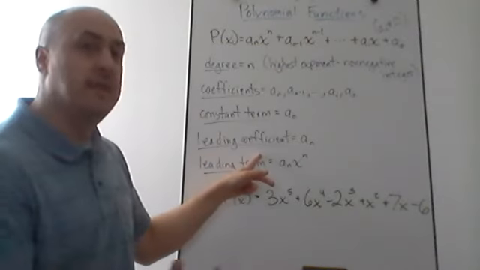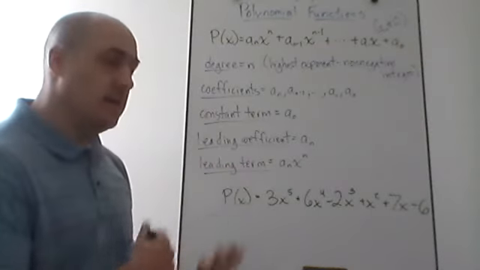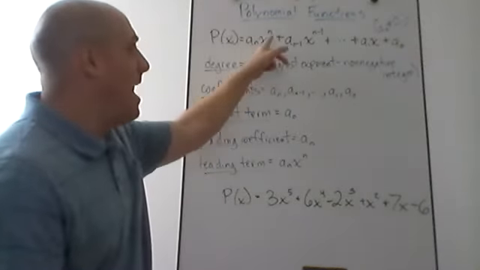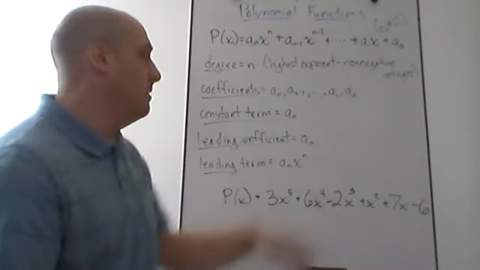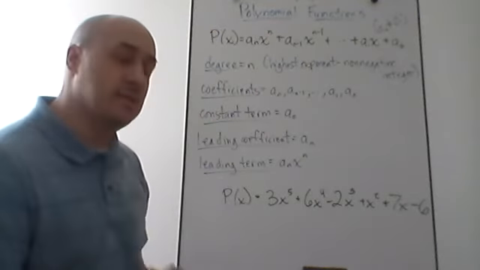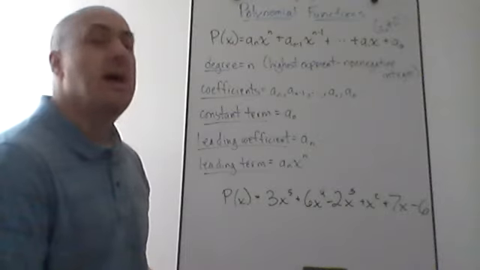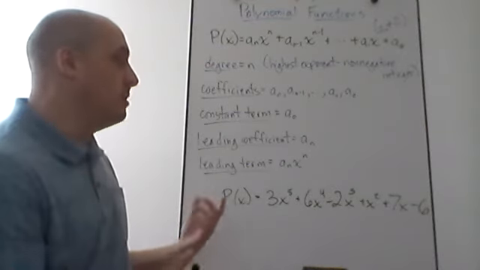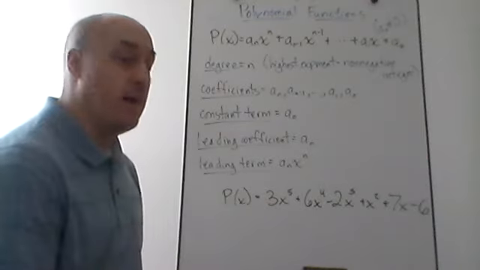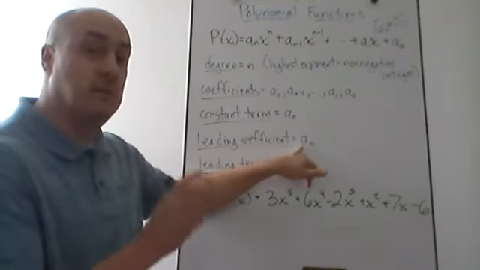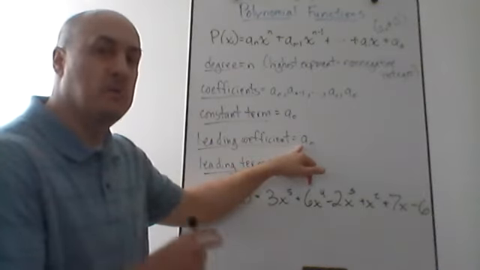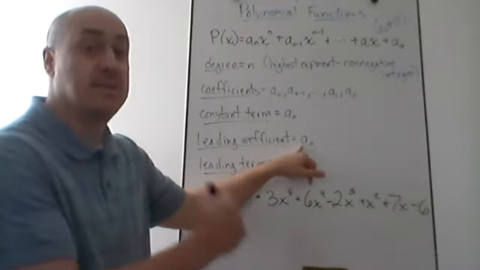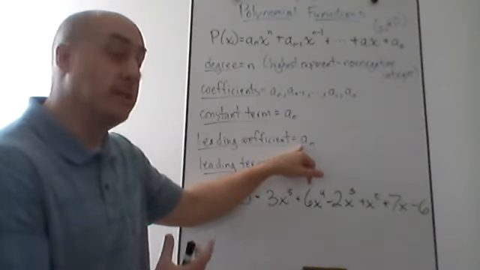Now, like I said a couple minutes ago, that highest exponent could be somewhere in the middle. So the leading coefficient isn't necessarily the first number you see. If the polynomial is written in standard form, it is, but it could be one of the numbers somewhere in the middle. It's the number attached to the x that has the highest exponent. That gives you your leading coefficient.